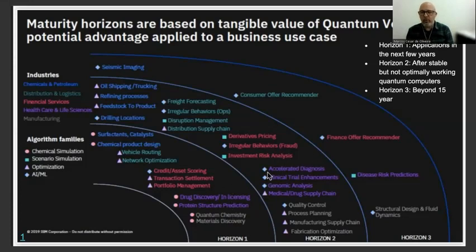But if we move beyond 5 years, this is horizon 2, which means that after some stable but not optimally working quantum computers, we might have some very nice applications as well, which are promised to happen.